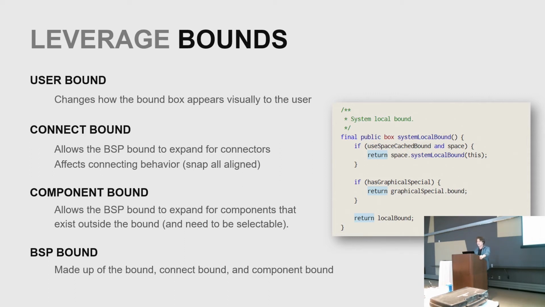Your component bound, I'm not going to get super deep into components. They're really useful. I use them all the time. But these are basically prop objects that may have graphics, may have data, may live on a snapper, but they might exist outside of the bounds of your snapper bounds.